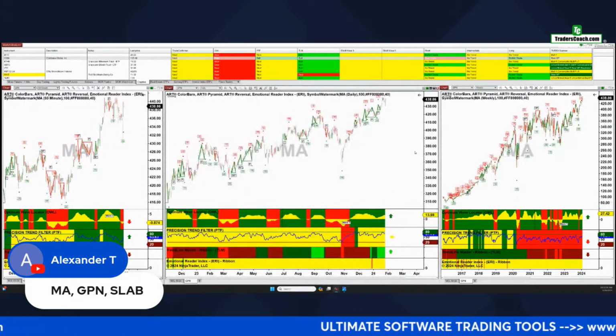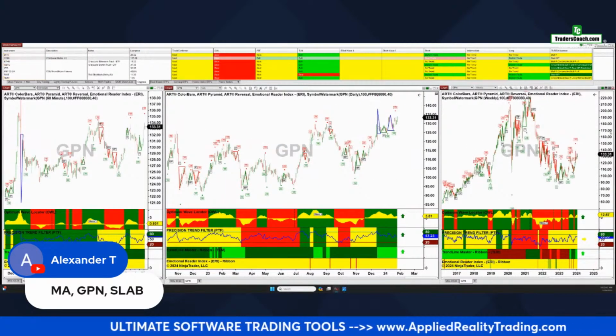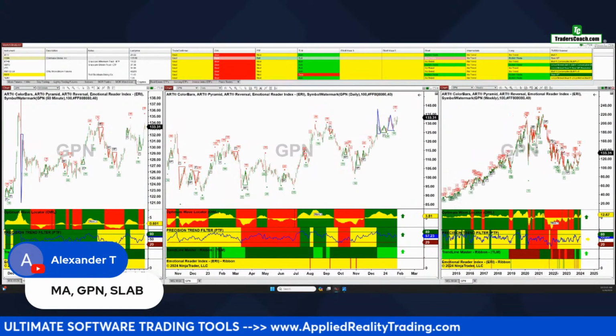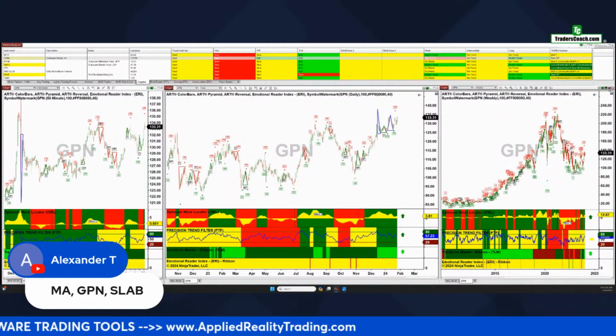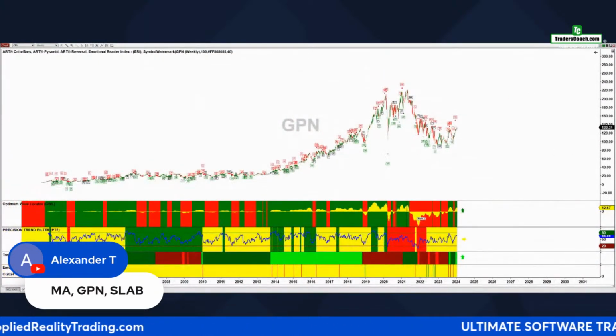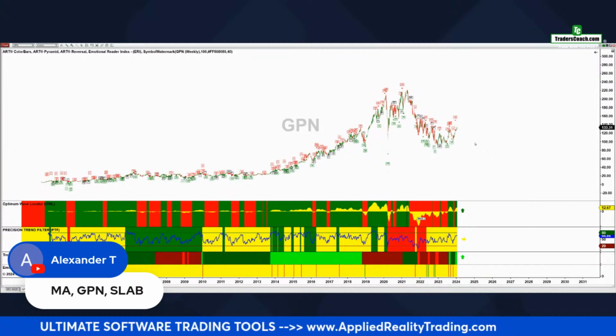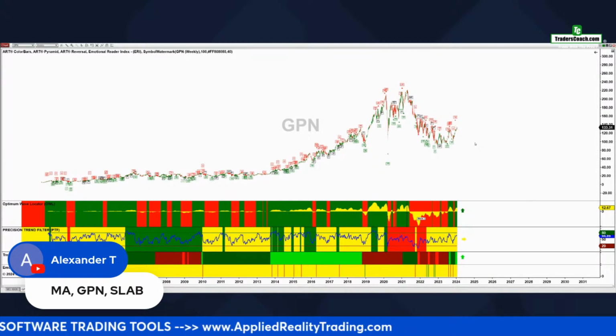GPN, let's take a look at that one. This one's a little bit more interesting because here you've got a nice wave 3, and now you have a move down here. When you look at charts like we're looking at here, there's some that are pretty clear, there's some that are not.